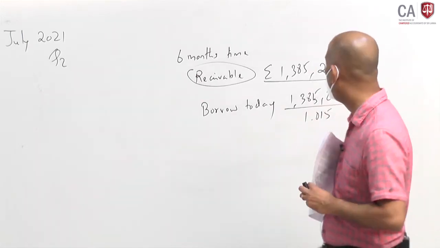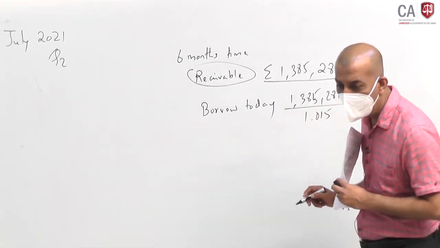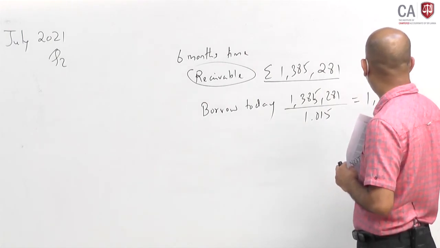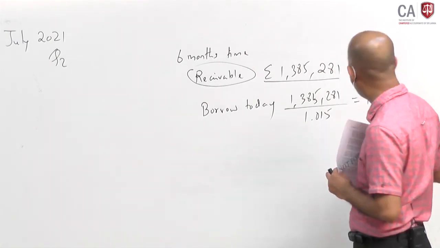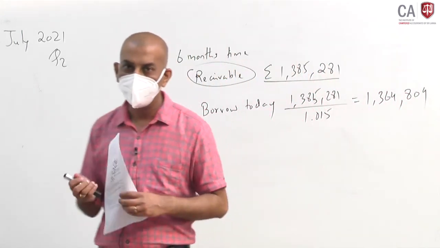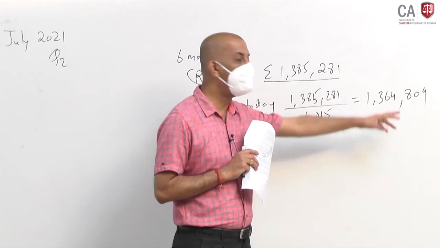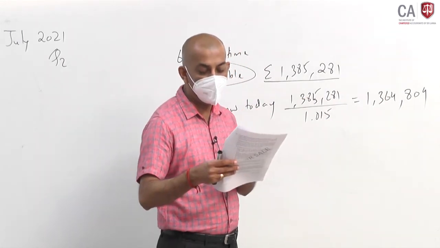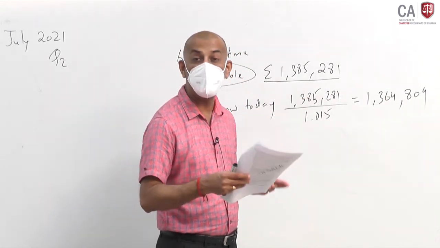That gives you the amount you have to borrow today, 1,364,809. They have given you the France borrowing rate of 3%.